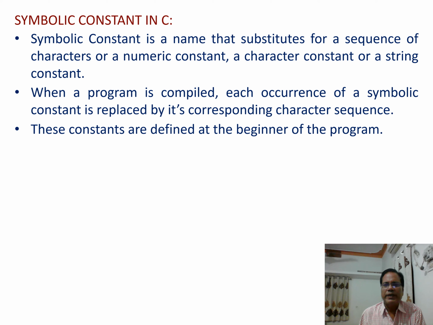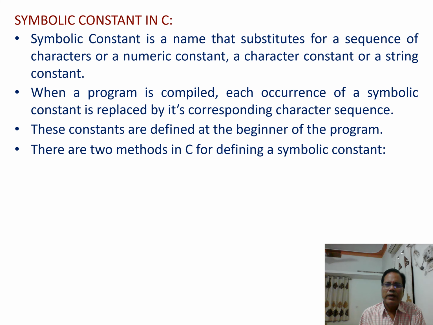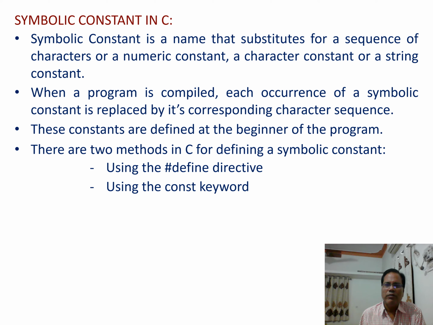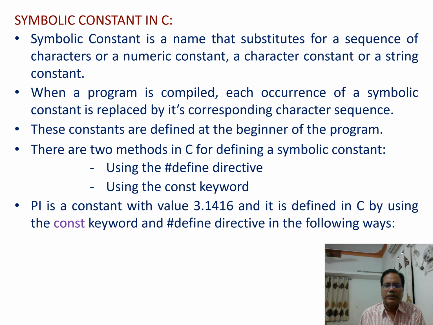These constants are defined at the beginning of the program. There are two methods in C for defining a symbolic constant: using the #define directive or using the const keyword that we have already discussed. Suppose pi is a constant with value 3.1416.